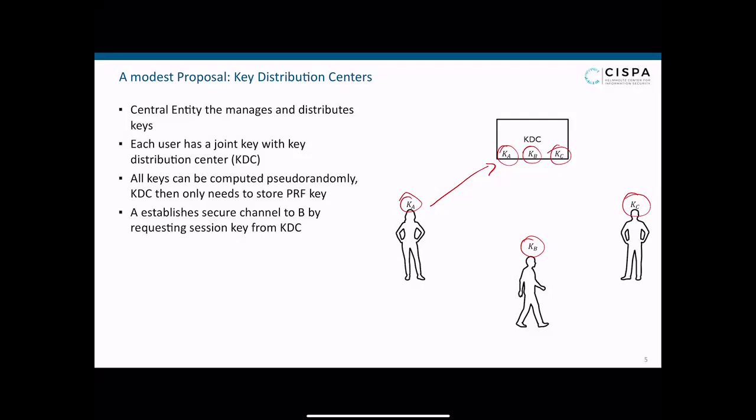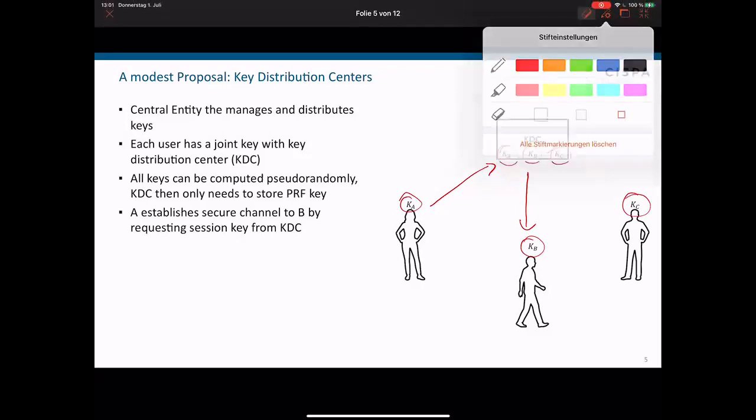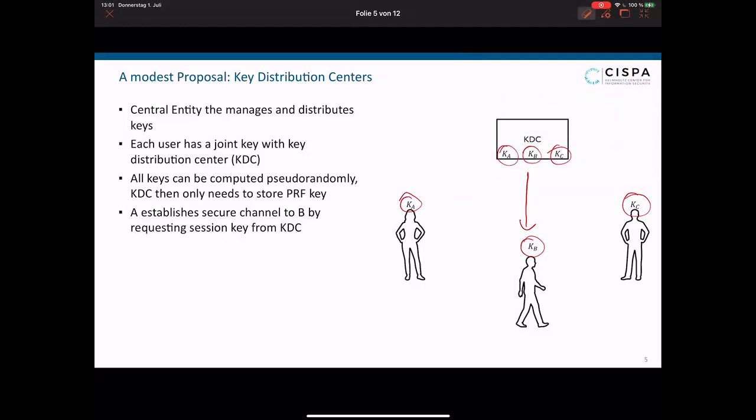KDC decrypts, learns what Alice wrote, and sends the message to Bob. Well, this is bad for several reasons, right? Now this key distribution center, which needs to be hardened, which needs to be protected, becomes a communication bottleneck. You don't want to route all your communication through a single server. So this is not what we want to do.